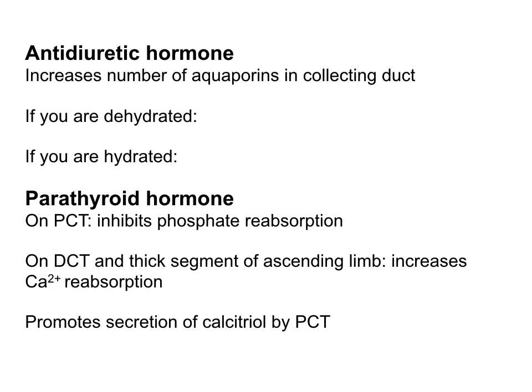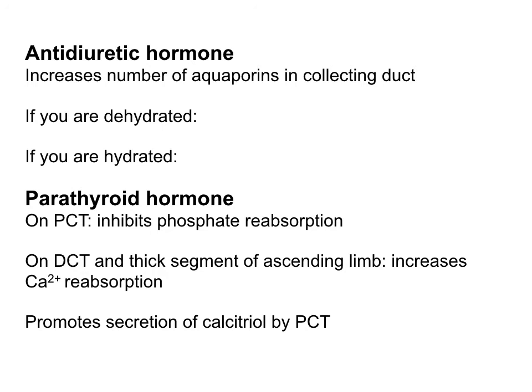So it's going to help to increase your blood calcium level. Now, the DCT itself is responsible for reabsorbing another 8% of your filtered calcium. The thick segment of the ascending limb reabsorbs about 25% of your filtered calcium.